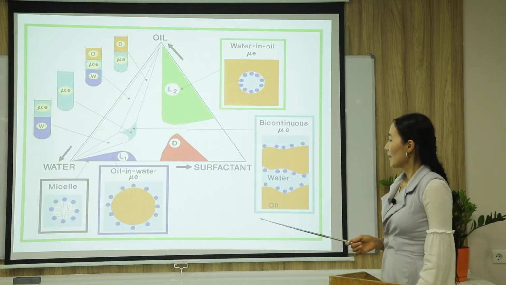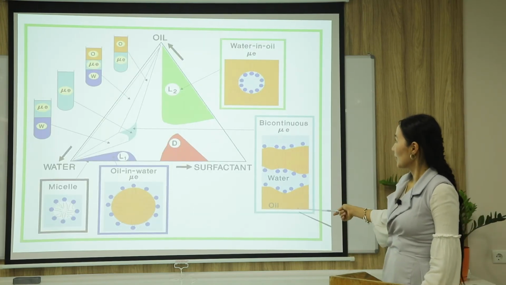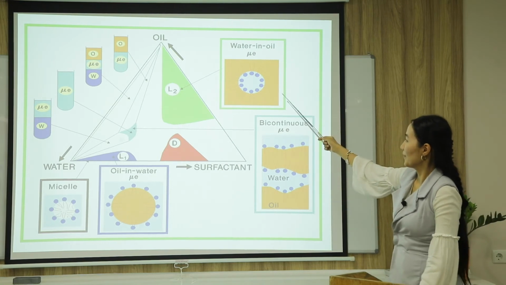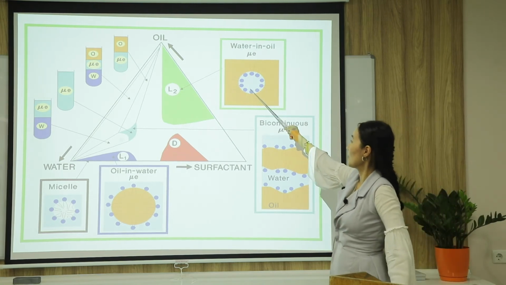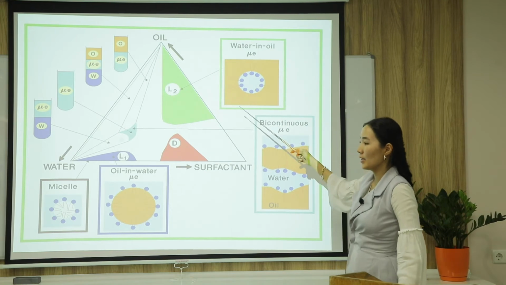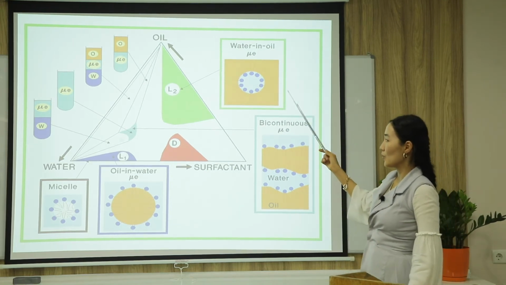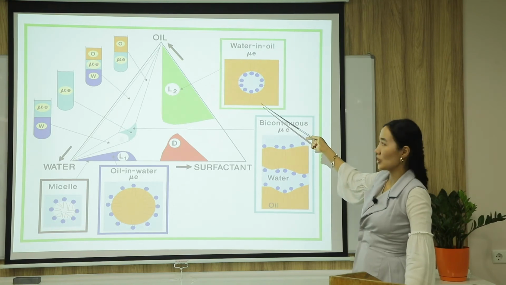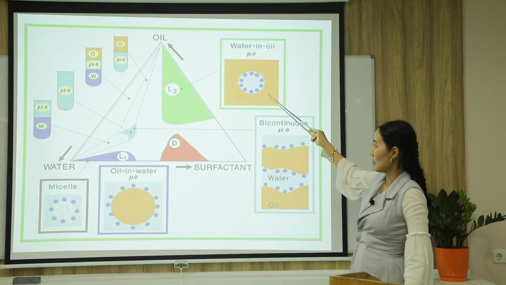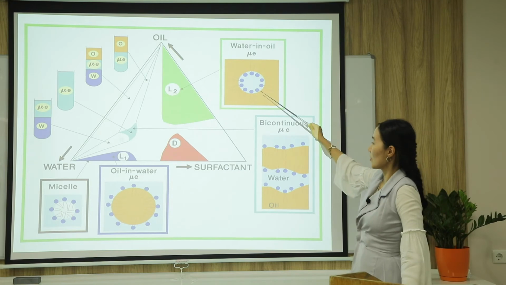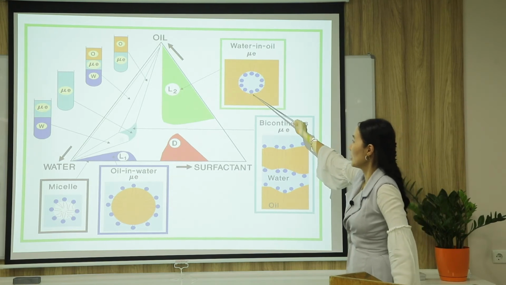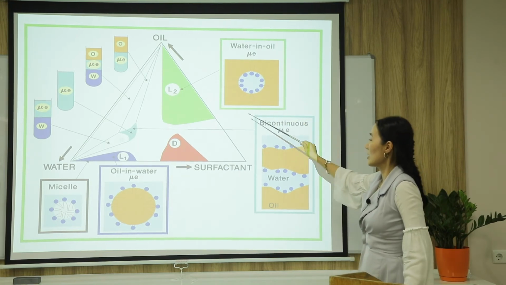Or this example, for example, water in oil. Here you can see the head; water in oil, the oil will be on the top and the water will be on the bottom. So the head will interact with the water and the tail will be going outward.